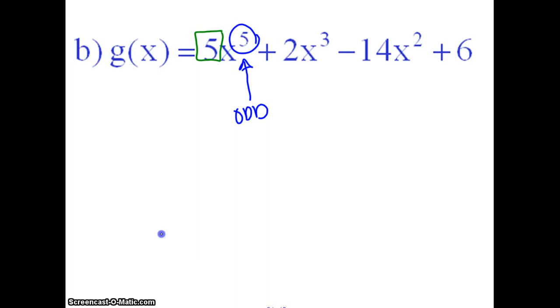So the graph would start from the bottom left, and remember it has 5 directions, so it goes up 1, down 2, up 3, down 4, up 5.